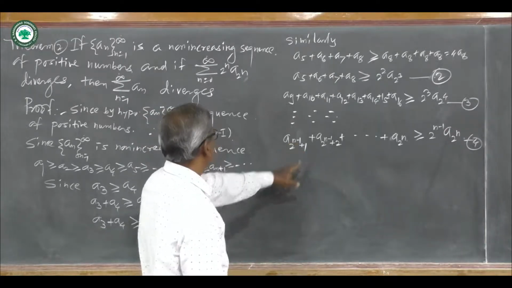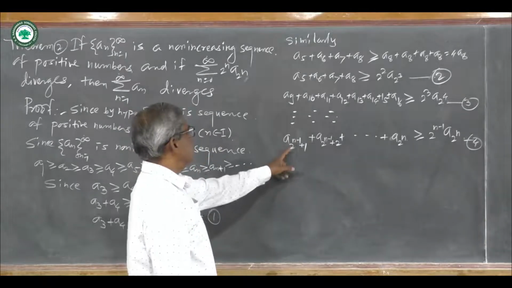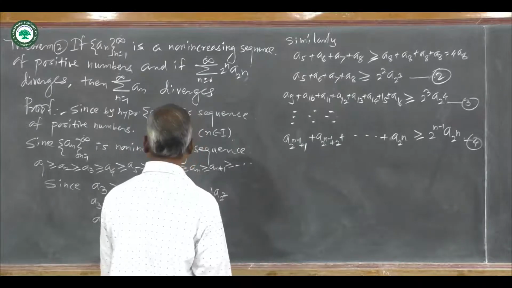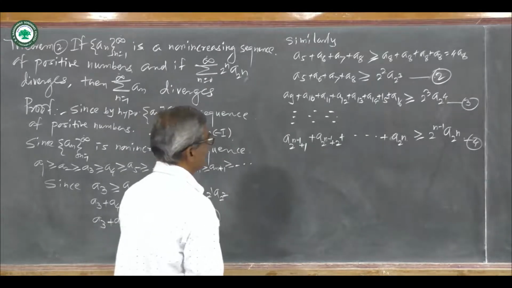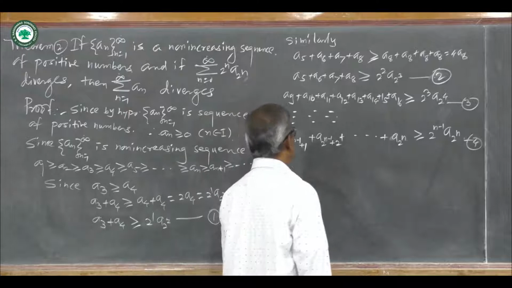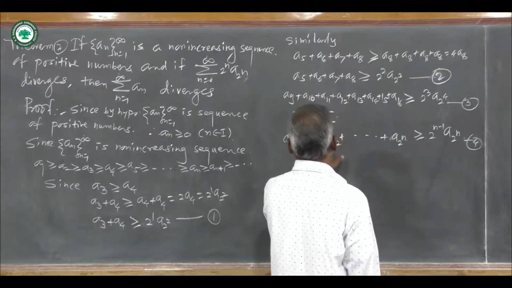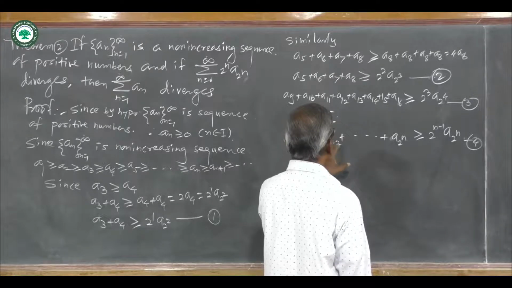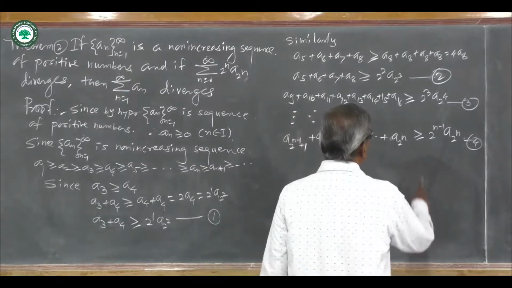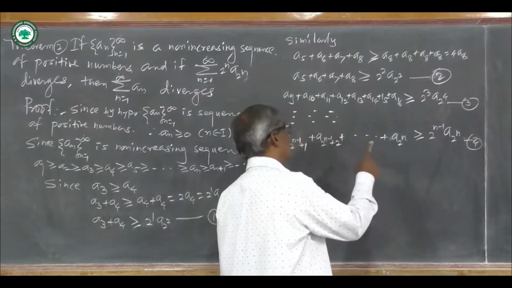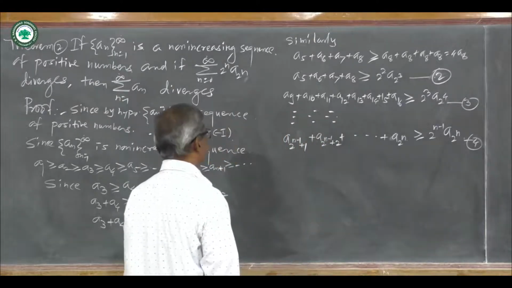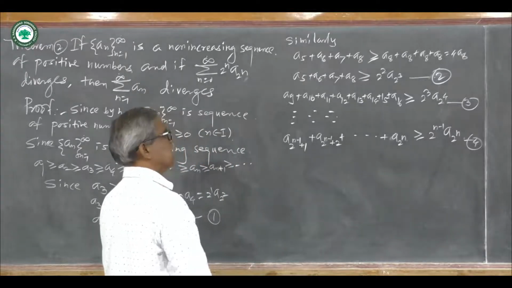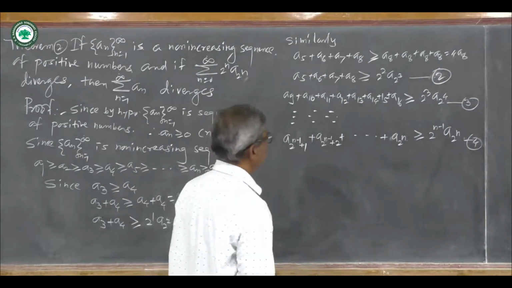If we put n is equal to 2, we obtain 2 to the power 2 minus 1 is 1, 2 plus 1 is 3, A3 plus A4, that is 1, 2 plus 2 is 4, is greater than 2 raised to 2 minus 1, that is 2 to the power 1, A suffix 2 raised to 2.